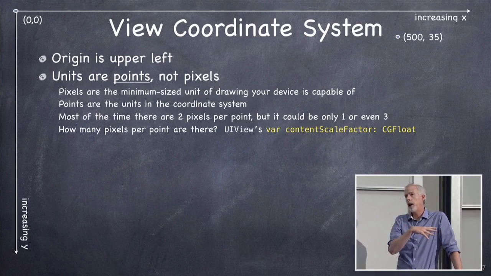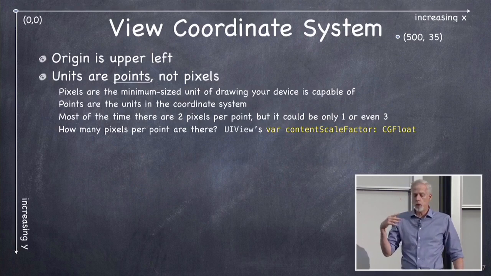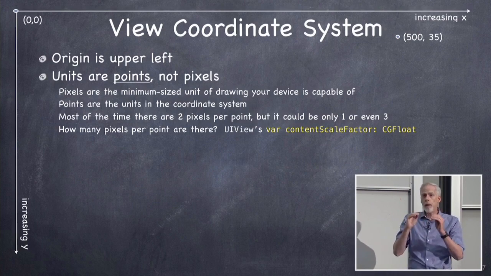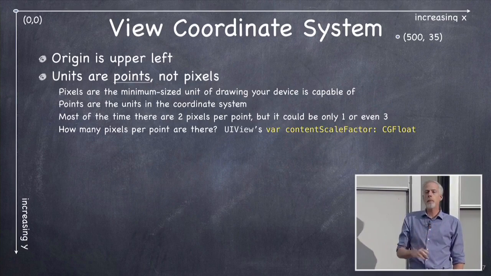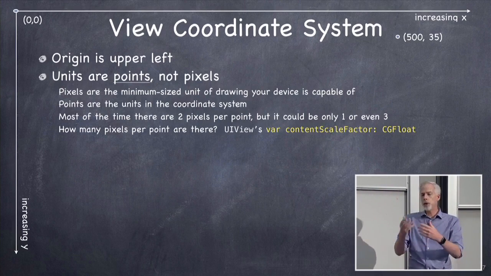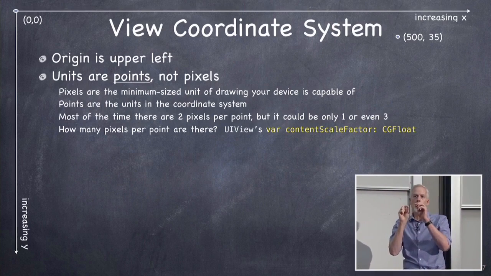The older ones, like the iPhone 4S, or maybe all the way back to the 4, would be 1. Some of the older iPads would be 1, and the newer iPads would be 2. So if you're doing anything where you have to pay attention to the number of pixels per point, this is what you need. But the great thing is, most of the time you don't care, because when you're using iOS to draw with a font, it's automatically going to do super smooth curves.